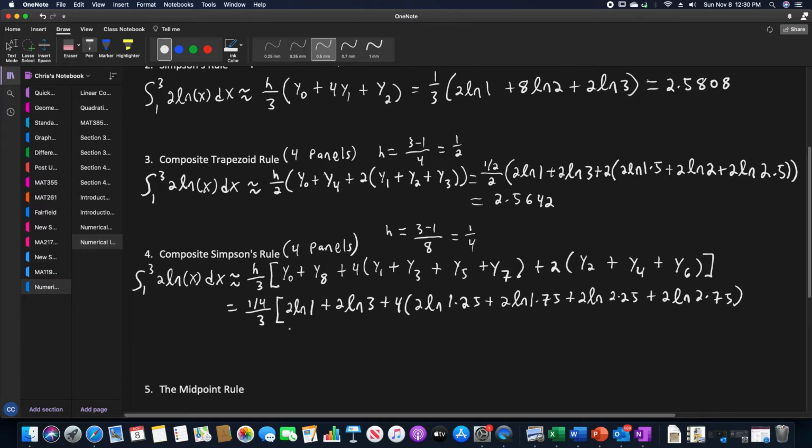This will now be plus 2 times the natural log, and I forgot the additional 2, 1 second, 2 times the natural log of this would be 1.5 plus 2 times the natural log of 2 plus 2 times the natural log of 2.5.